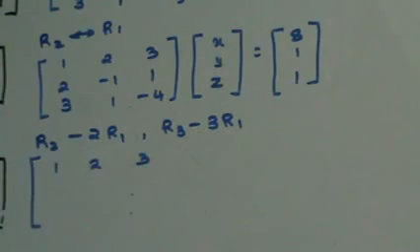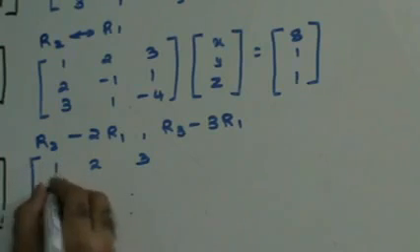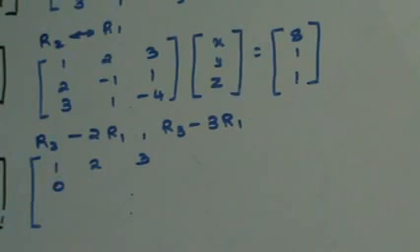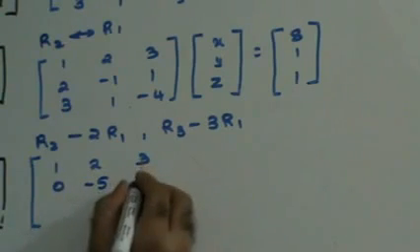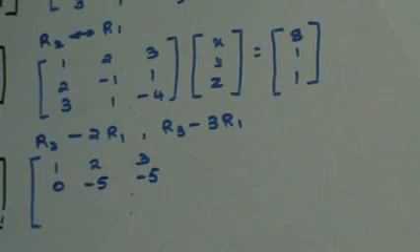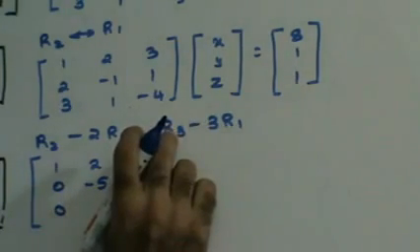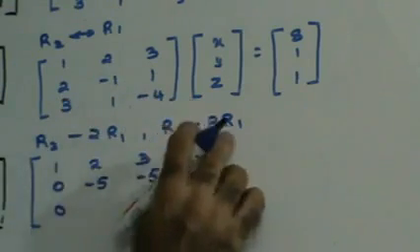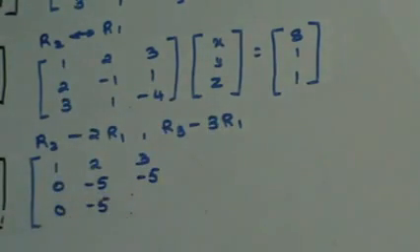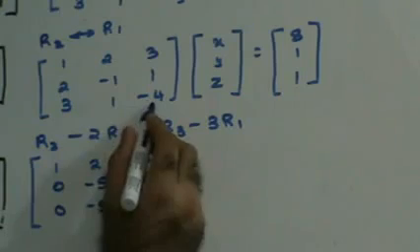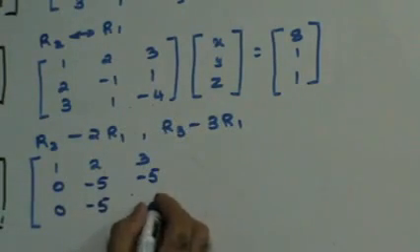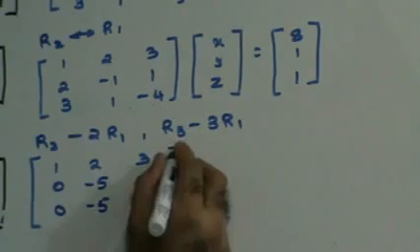1, 2, 3. R2 minus 2R1: 2 minus 2, 0. Minus 1 minus 4, minus 5. 1 minus 6, minus 5. Next, 3 minus 3, 0. 1 minus 6, minus 5, and minus 4 minus 9, minus 13.